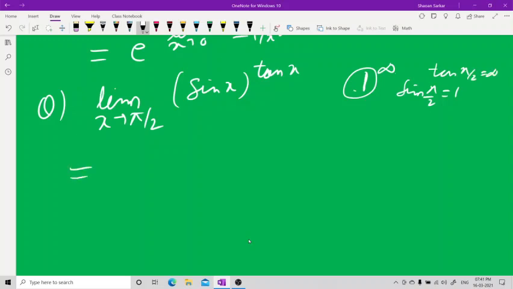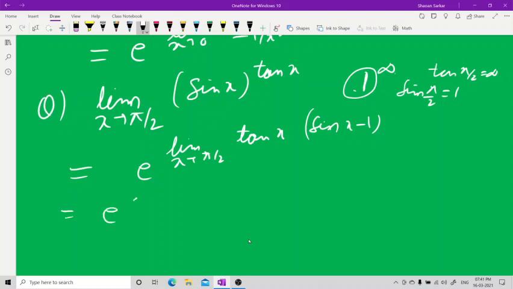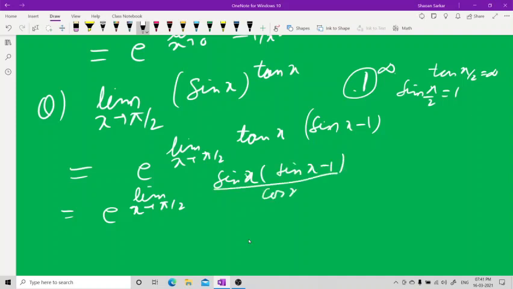So do one thing, straight away use this formula: e to the power of limit x tending to pi by 2 of tan x (sin x minus 1). Write tan x as sin x upon cos x, so it is e to the power of limit x tending to pi by 2 of (sin x minus 1) upon cos x.